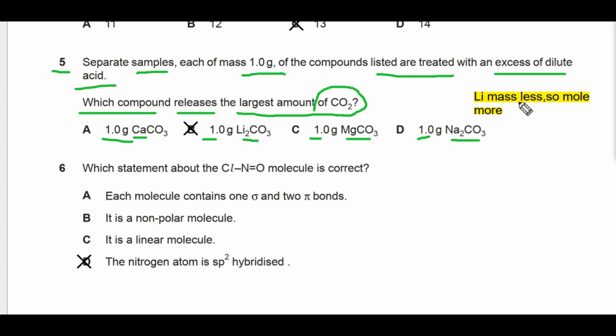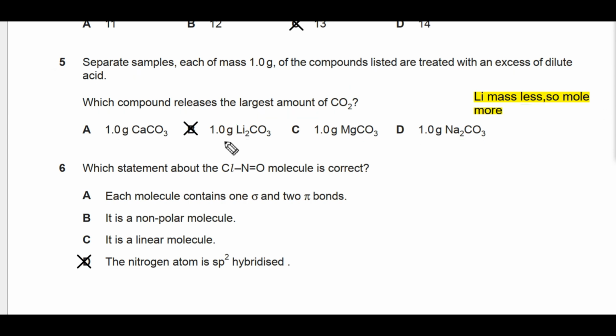The relative atomic mass of lithium is less, so the molecular mass of lithium carbonate will be less. So moles of lithium carbonate will be more, because if you divide by the small number, the value of moles will be greater. So moles of carbon dioxide will be greater and volume will be more. But for calcium, magnesium and sodium carbonate, their moles will be smaller because their relative atomic masses are higher.